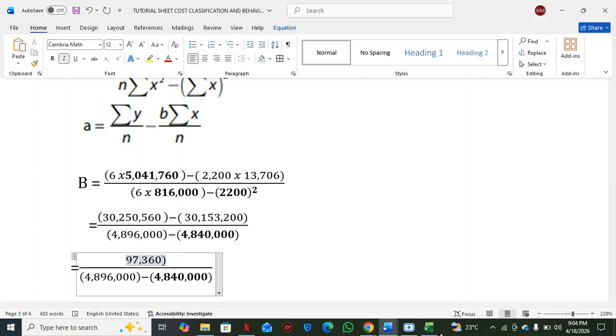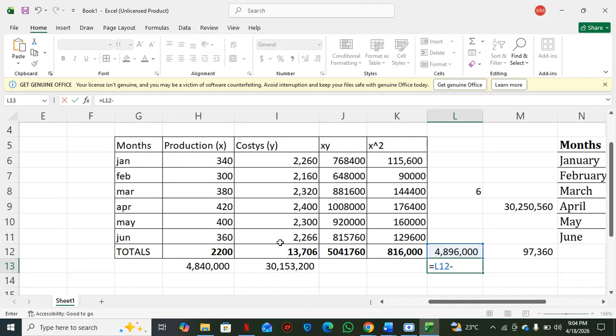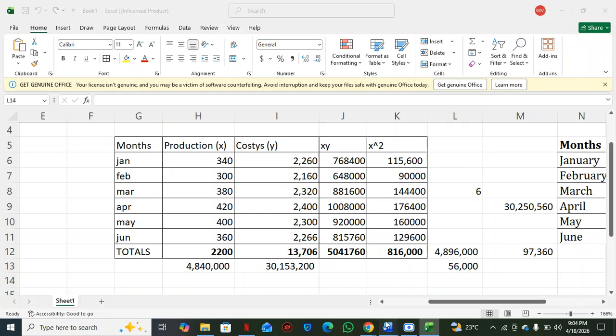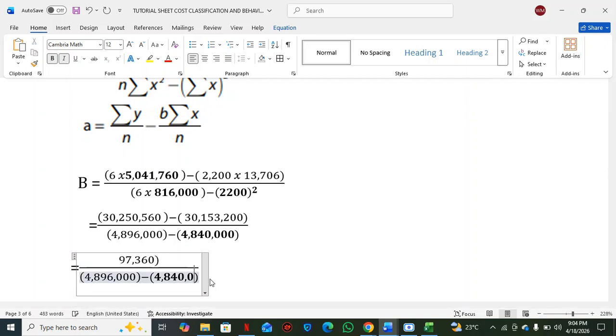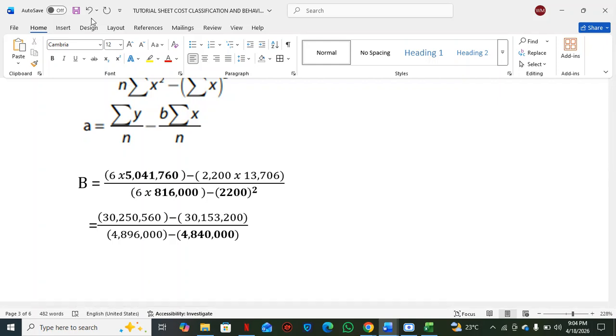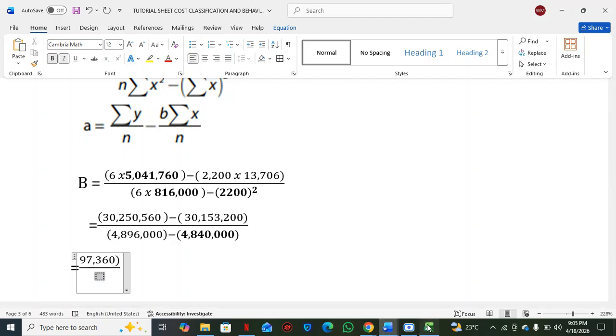Then below here we have 4,896,000 minus 4,840,000, which is 56,000. In the exam, colleagues, these questions take time, so it is very paramount that you do not make a mistake and you don't take a lot of time on it.